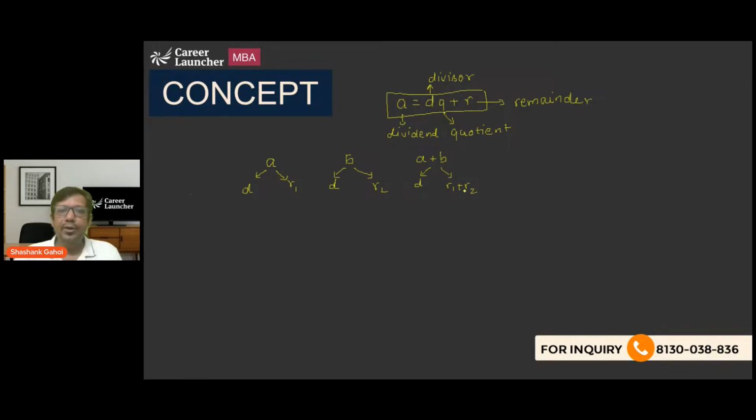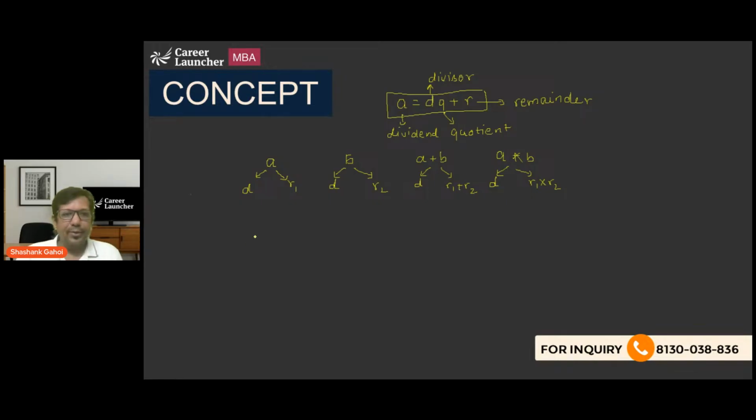So if numbers are added, remainders are also added. If numbers are multiplied, so A into B is being divided by D, the remainder is going to be R1 into R2. If numbers are multiplied, remainders are also multiplied. This is the basic concept of remainders.